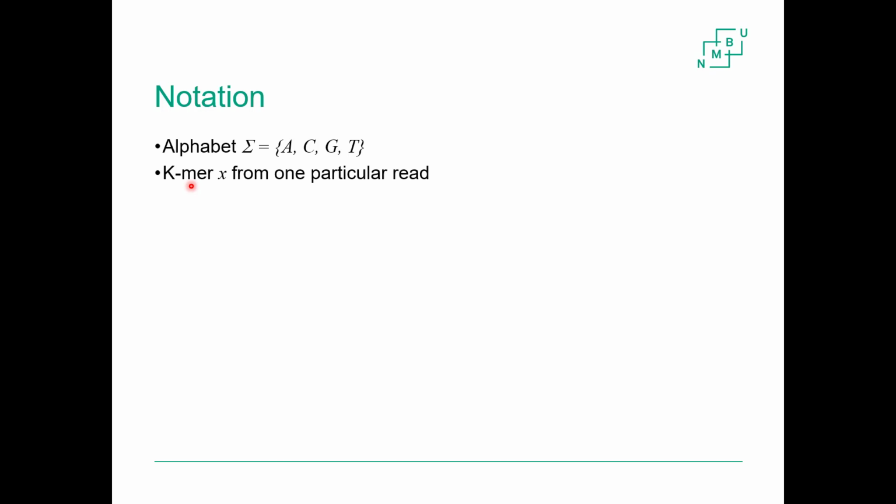Then, of course, k-mers. This is the really basic quantity or element in this paper. So a small x here symbolizes a k-mer now. So this is one k-mer collected from one particular read, right? X. And also the elements of this x are indexed from 0.